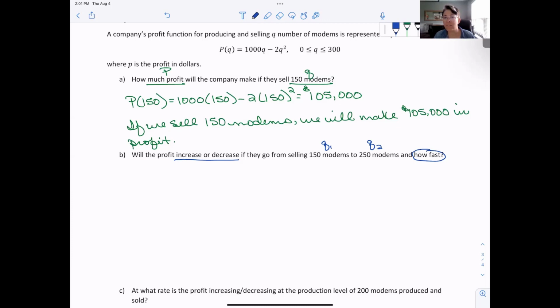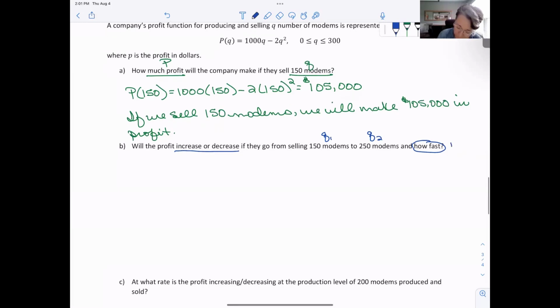Okay, so that's like a velocity. How quickly are we going to be doing this? So in other words, how much money per modem will we be gaining or losing? So this is a hint that we're looking for a secant, the slope of a secant function, or finding the average rate of change.